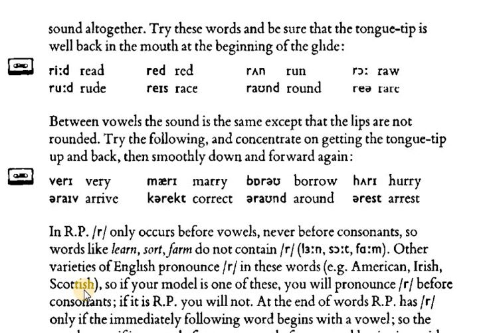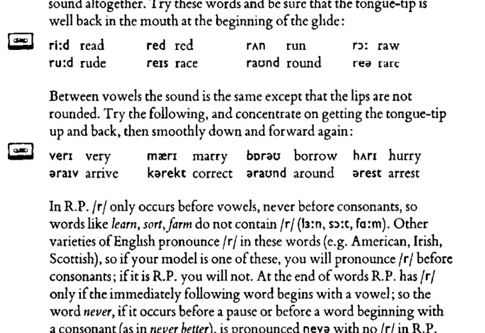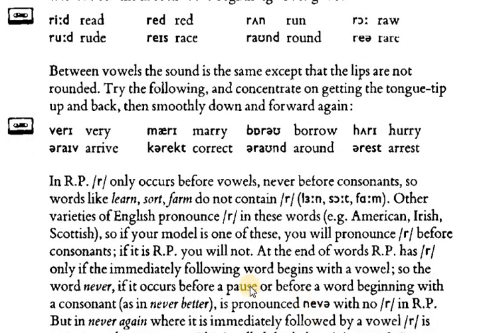If not, if your model is RP, وإحنا المفروض الموديل is RP, so we are not going to pronounce r if it is followed by a consonant. We will pronounce r if it is followed by a vowel only. At the end of words, RP has r only if the immediately following word begins with a vowel.